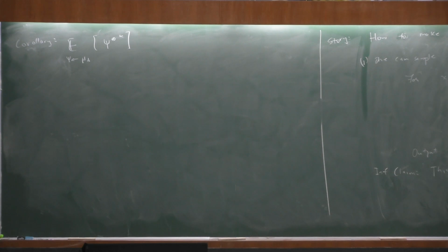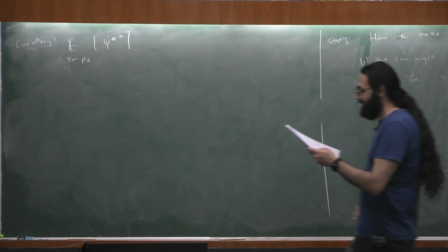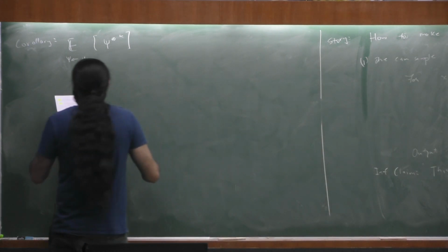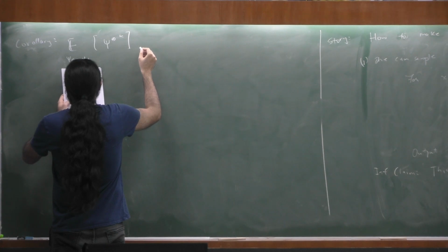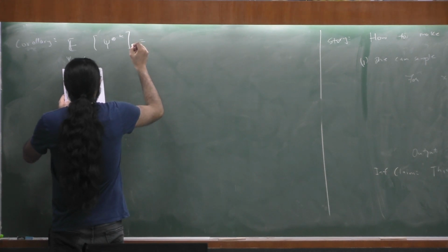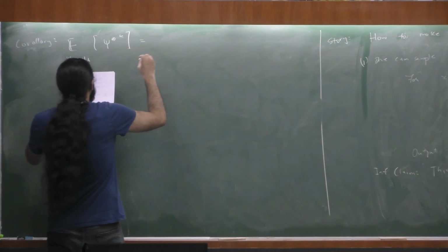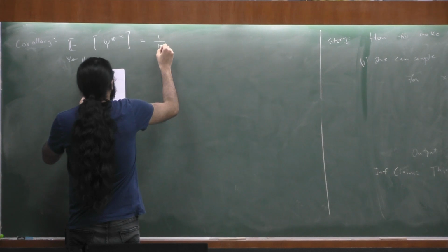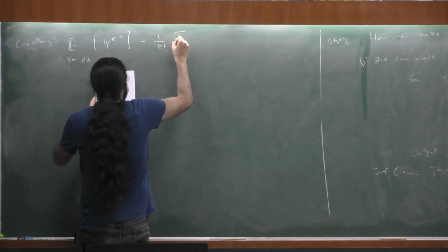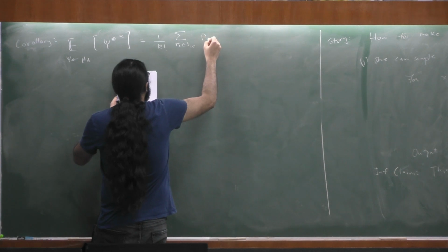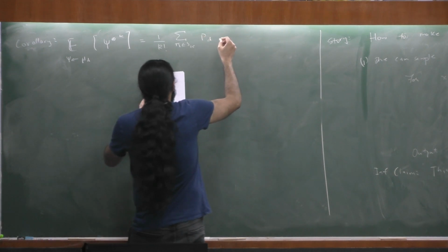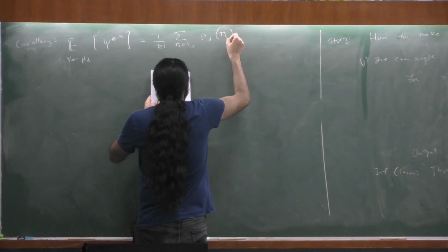You take it to be rank 1 in this. And this expectation is going to be 1 by k factorial, right, sum over pi in S_k of P_d(pi).